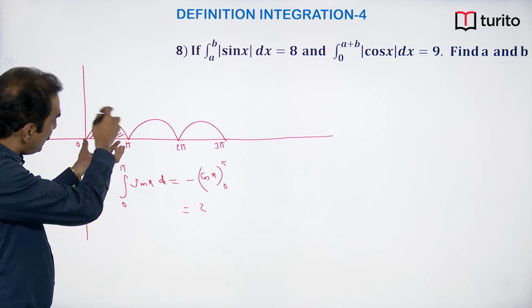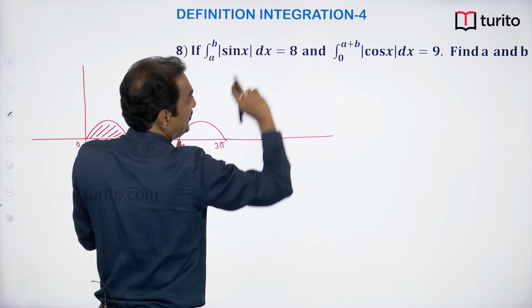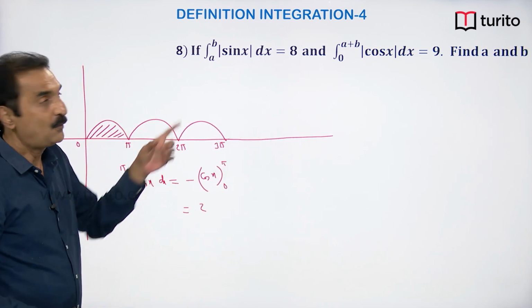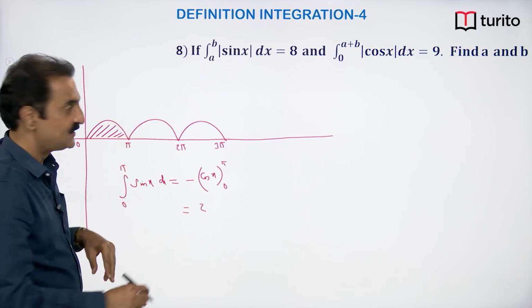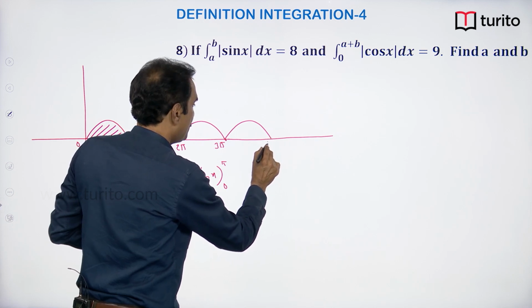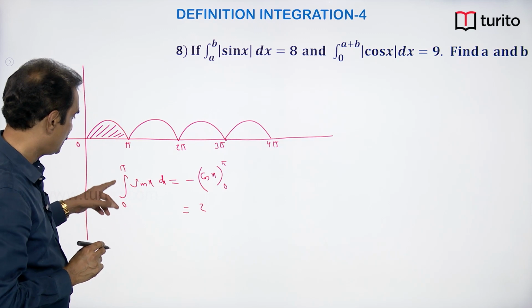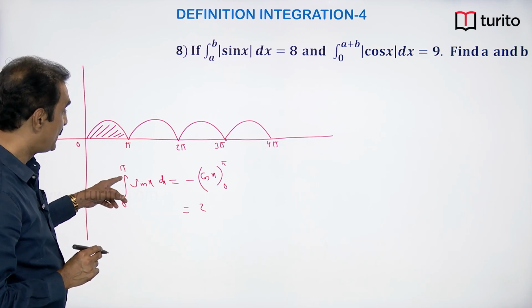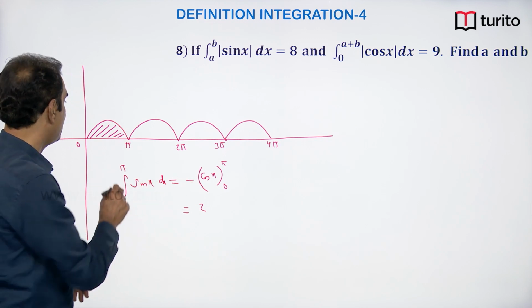So area under one loop is 2, and this is an integral multiple of 2, 4 into 2. That means 4 loops like this will give you 8, up to how much? 4 pi. 0 to pi, cos pi minus 1, it is 2.